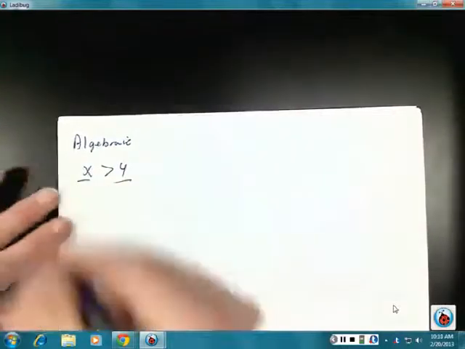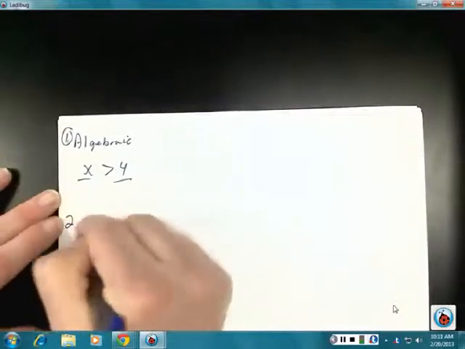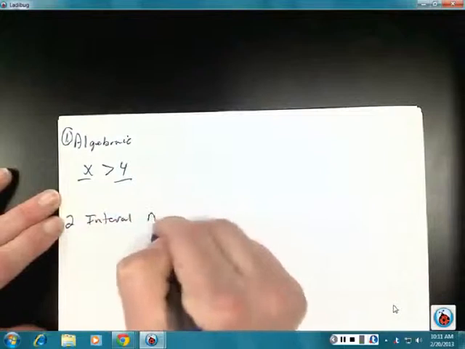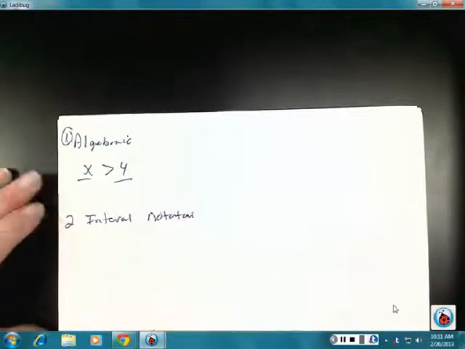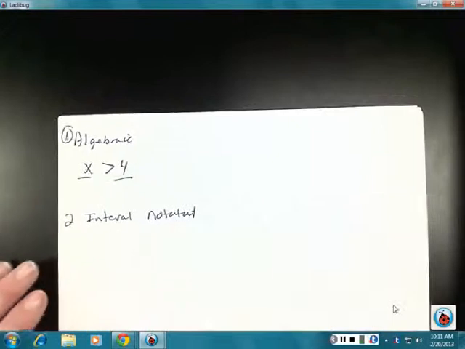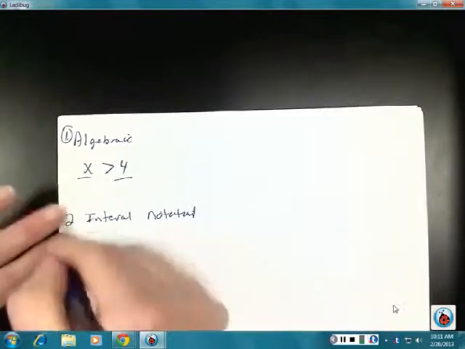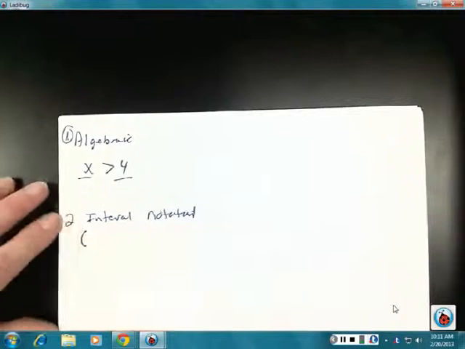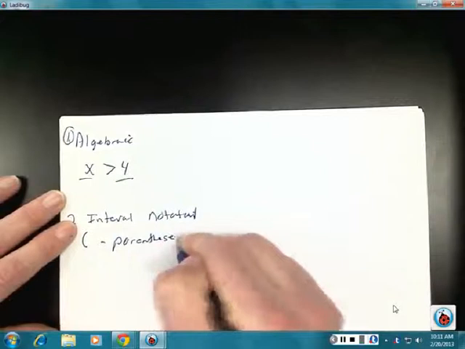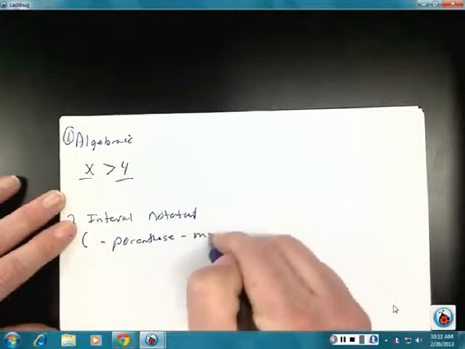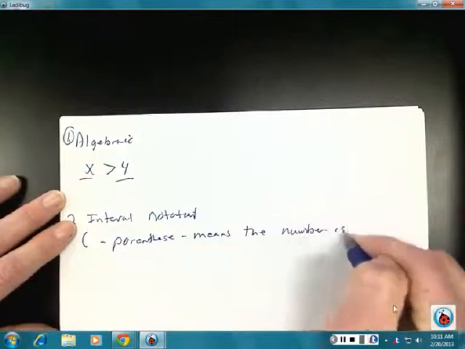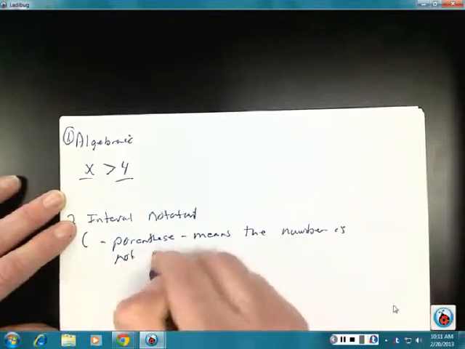The second method is interval notation. In interval notation, there's some specific stuff that we have happening. If you use a parenthesis, a parenthesis means the number is not included.